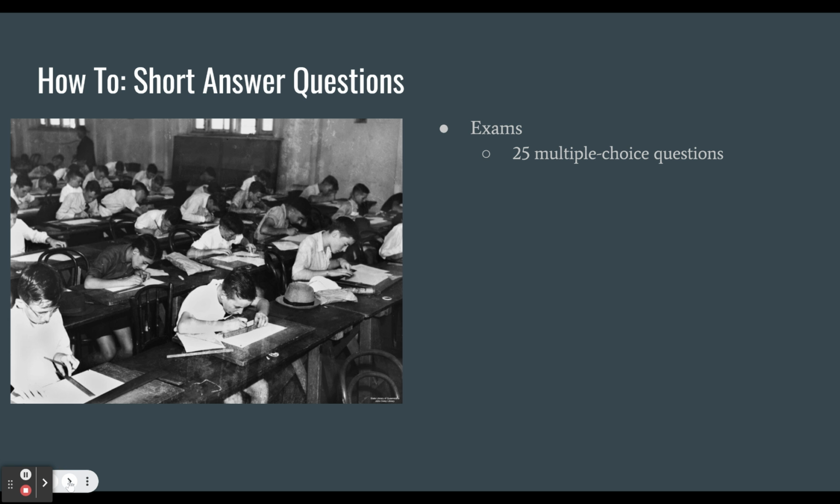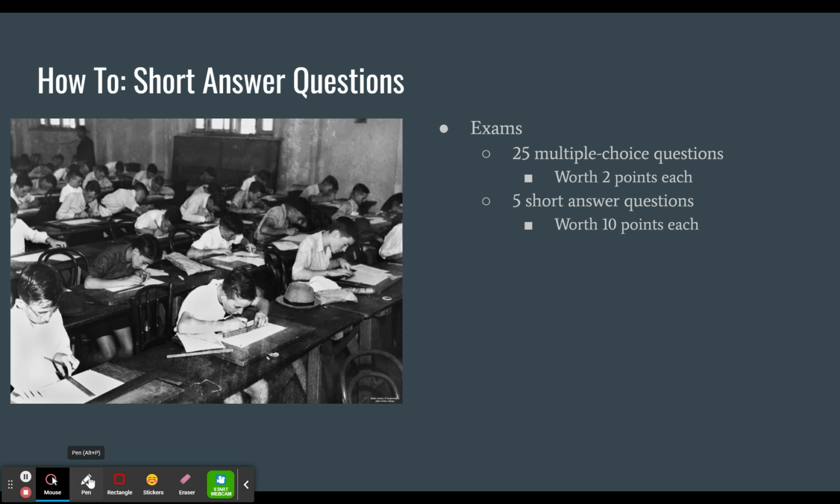Each exam is made up of 25 multiple choice questions and 5 short answer questions. Each multiple choice question is worth 2 points each, and each short answer question is worth 10 points each. So if you do the math, that's 50 points total for multiple choice and 50 points for the short answer.